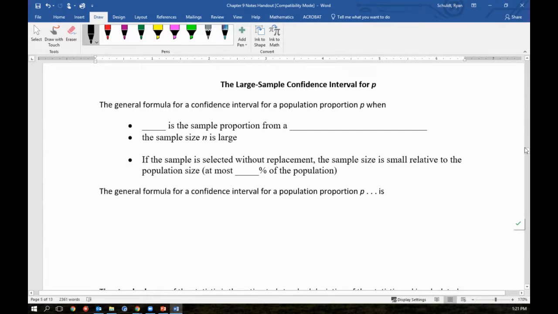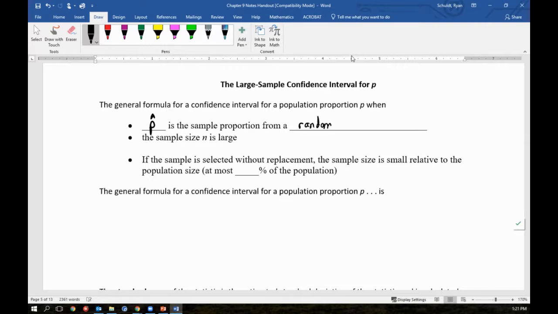So the general formula for a confidence interval for a population proportion P can be used when these three conditions are met. The first condition is that p hat must be a sample proportion from a random sample.